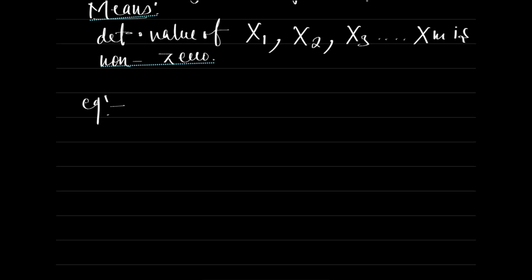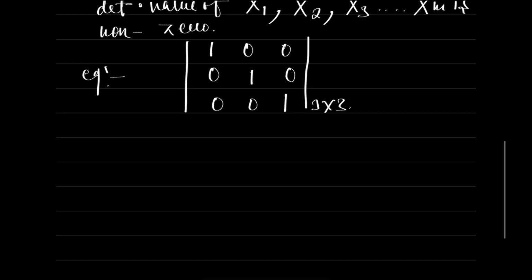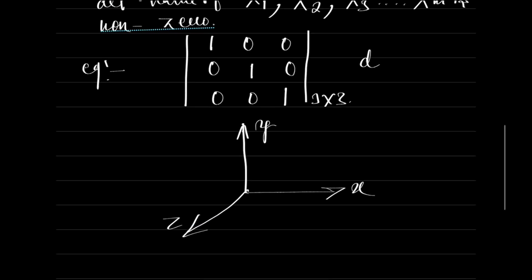For example, we can take a matrix which is 1 0 0, 0 1 0, 0 0 1. So this is a 3 cross 3 identity matrix. It can be represented as x, y and z, and the determinant of this matrix will be 1.